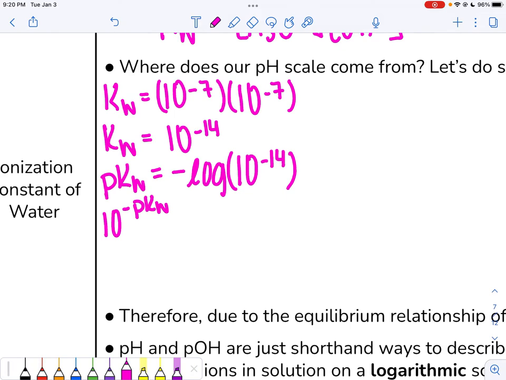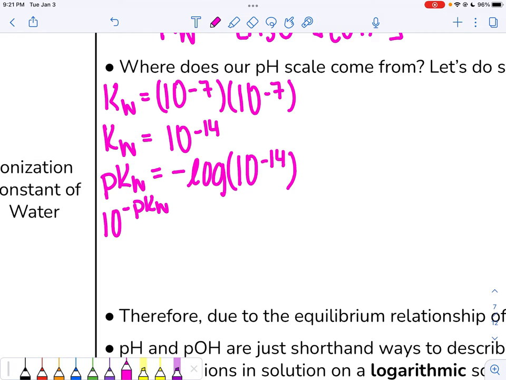Oh, I forgot to mention one thing. You need the logarithm to be on its own in order for this property to work. So your first step would actually be dividing both sides of the equation by -1 or multiplying by -1, same thing. So you get negative pKw on the left-hand side, and on the right-hand side, you would just have positive log of 10 to the negative 14th.